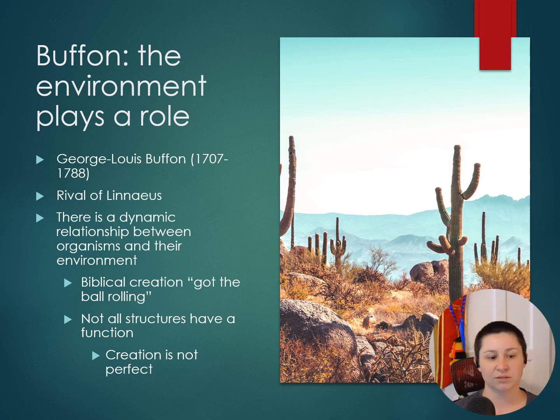And he also saw some things on animals that didn't really make sense to him, and he decided that they don't have a function. For example, the dew claw on a pig or a dog, you know how some dogs have like a thumb that they don't actually use. He saw those and thought, well, that doesn't really have a function, so this creation must not be perfect.